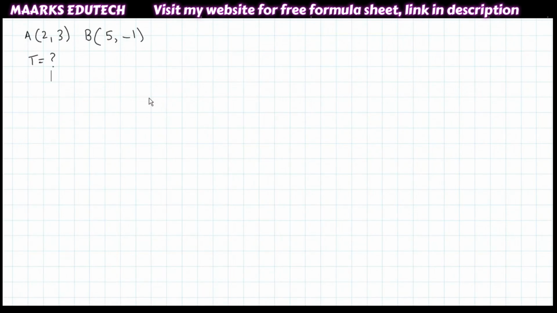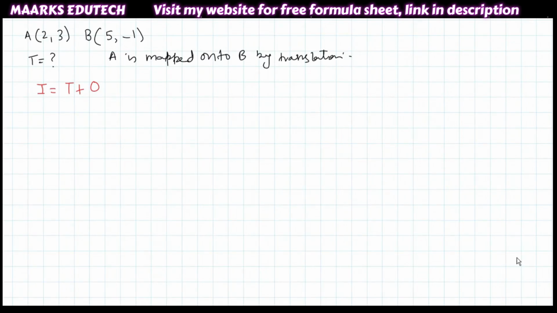So again, you know the formula: I is equal to translation plus object. I is B. I'll write the question here so you know what is actually going on.